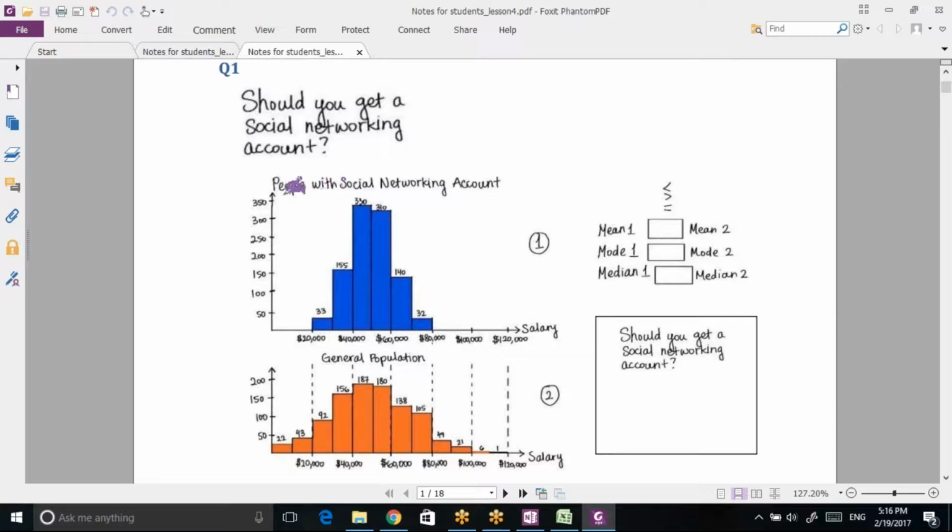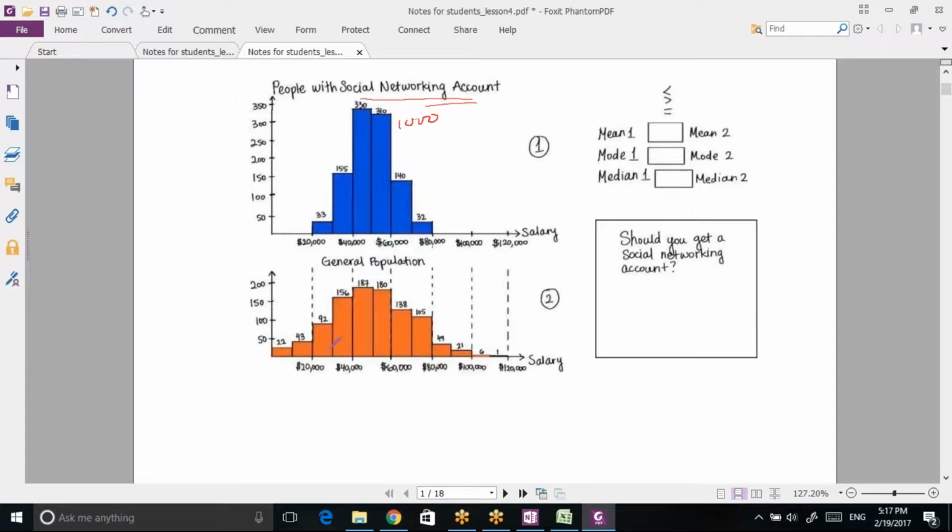So he created a histogram of 1,000 people who have a social networking account, and this was the distribution. To compare it, he took one more sample of size 1,000 from the general population, who might or might not have a social networking account. It's just a random population, and this was their distribution.